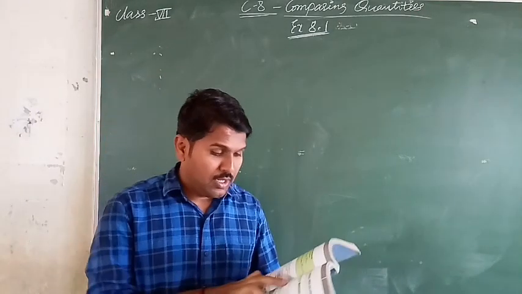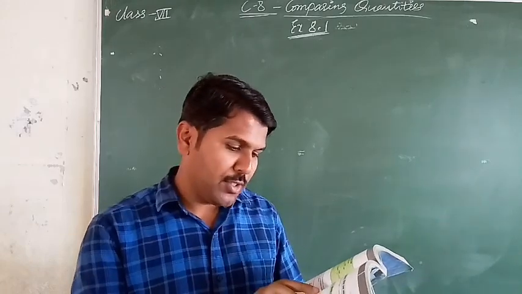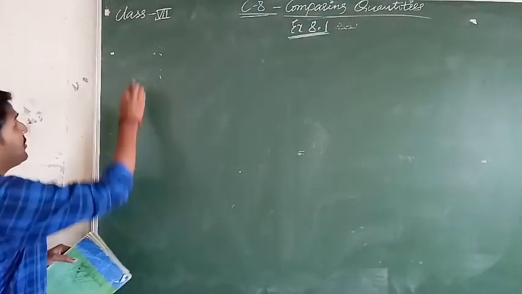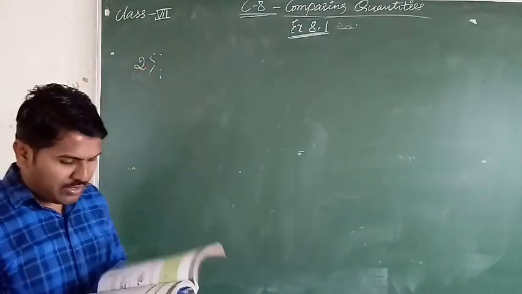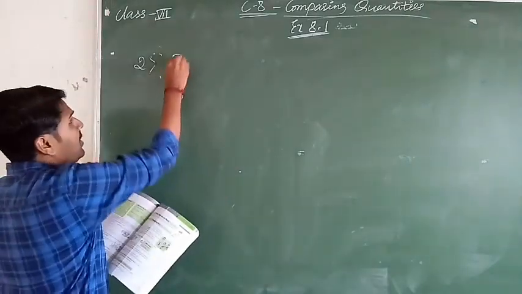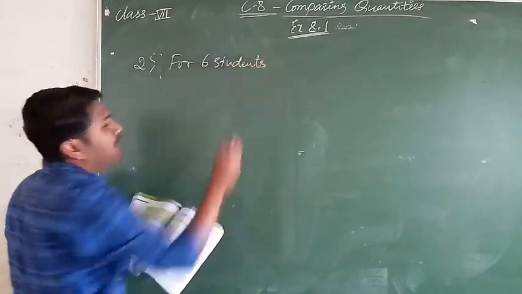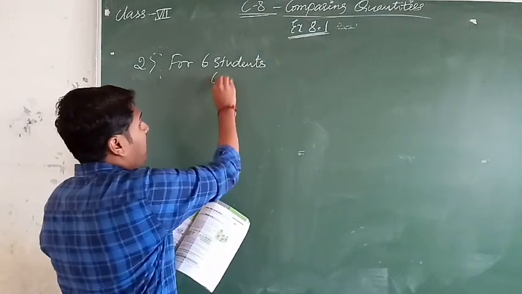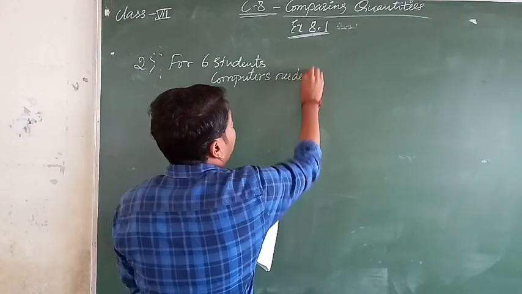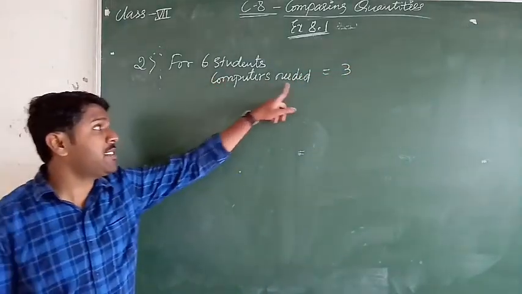Second one, in a computer lab there are 3 computers for every 6 students. How many computers will be needed for 24 students? So just a cross multiplication. What is the data they given? For 6 students, how many computers are there? 3 computers. So for 6 students, computers needed equals 3.